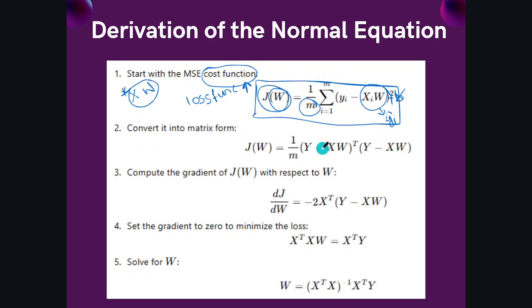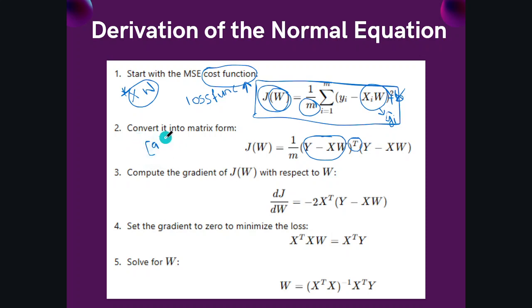Now we will convert it into matrix form. Now how have they written this? This is basically the transpose of this particular matrix. Transpose, if you don't know much about matrices, is like this.